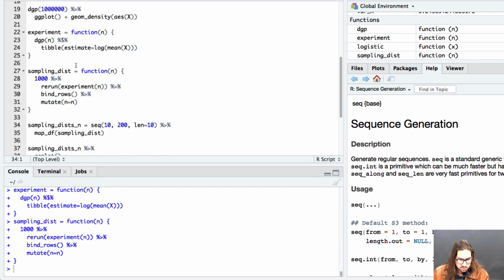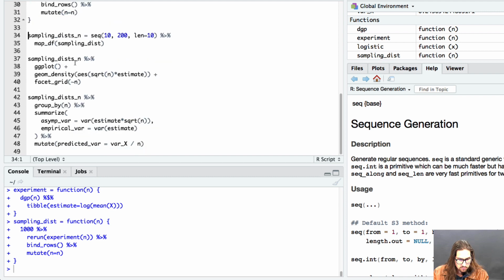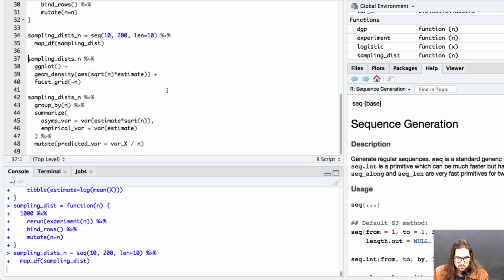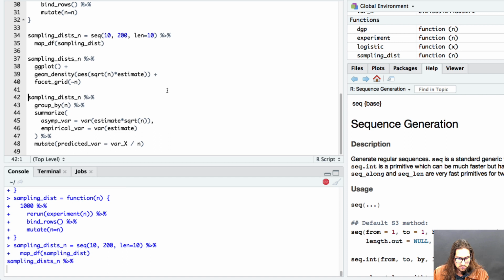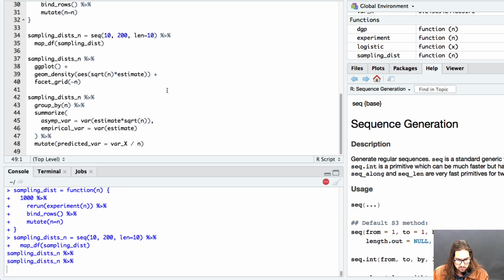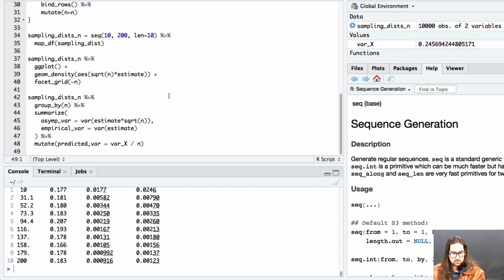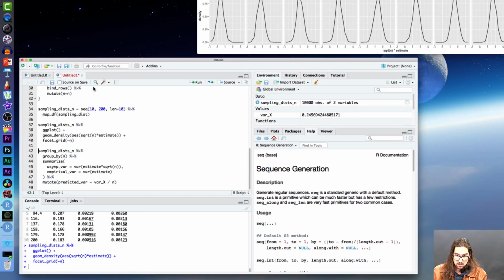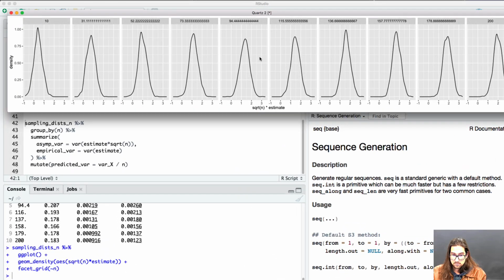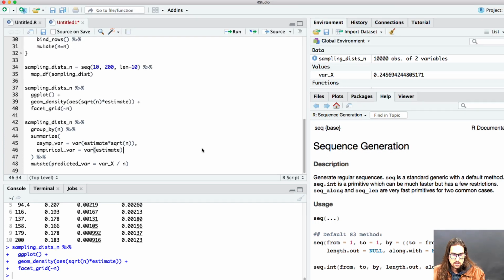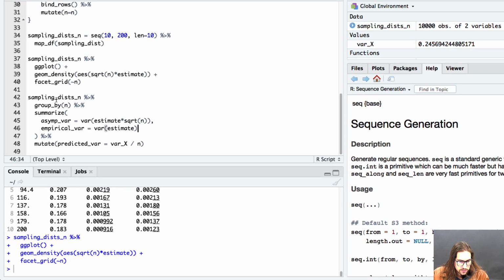Let's generate the sampling distribution. Okay, and we can look at the plots. Look at that, all pretty normal, even though we're now looking at the log of the mean, not the mean itself. So interesting.